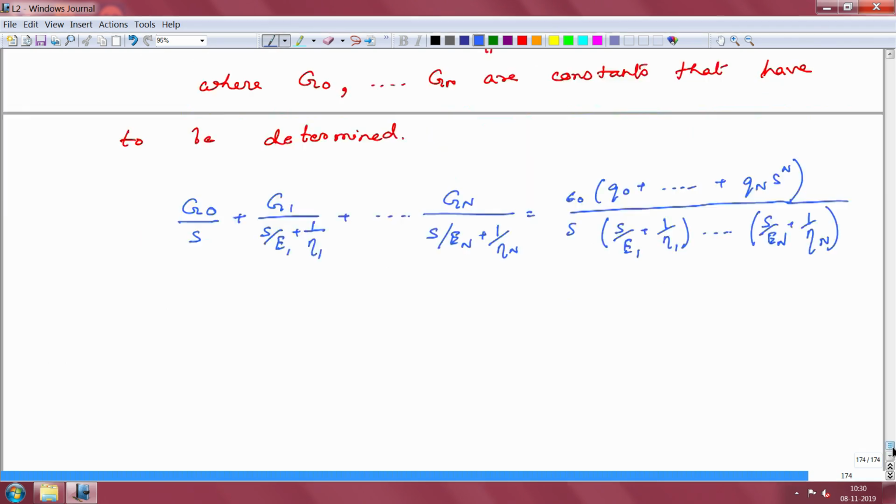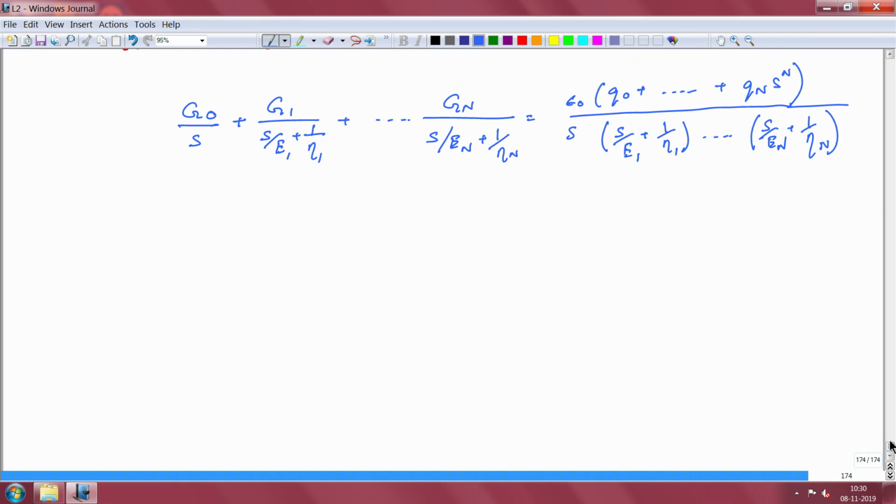So, what we are going to assume is that now these constants can be uniquely determined, right. So, to determine g of t, which is what we are after, take the Laplace inverse.